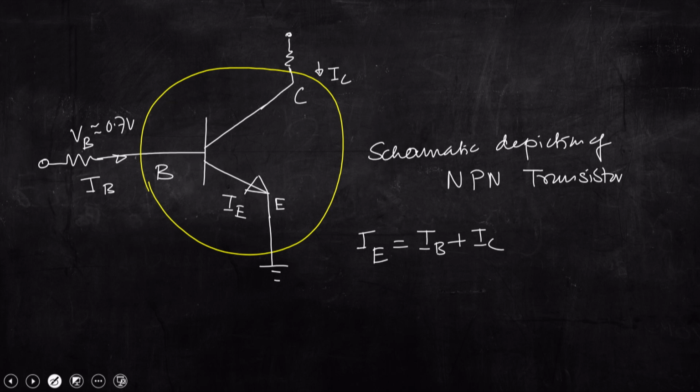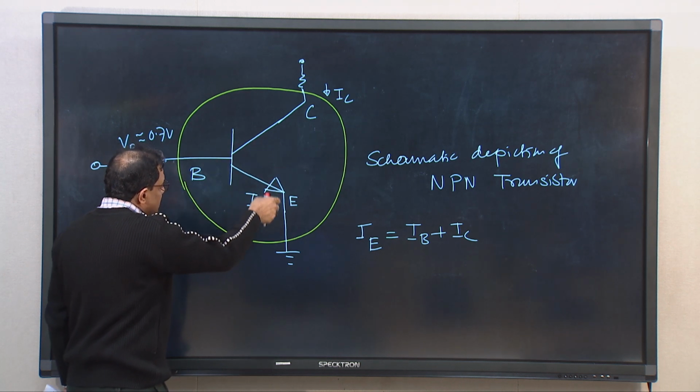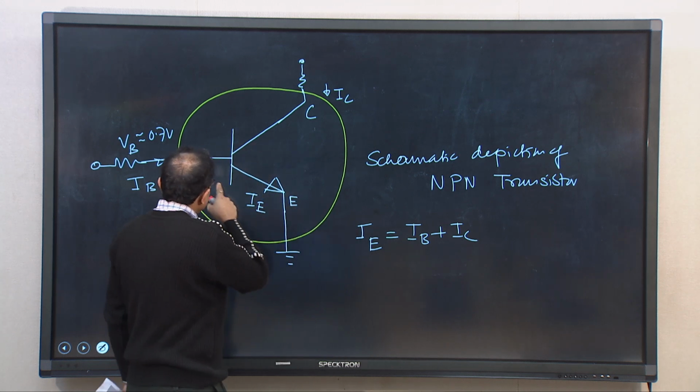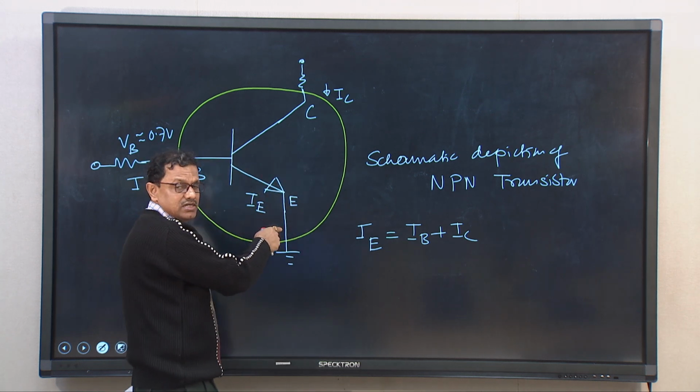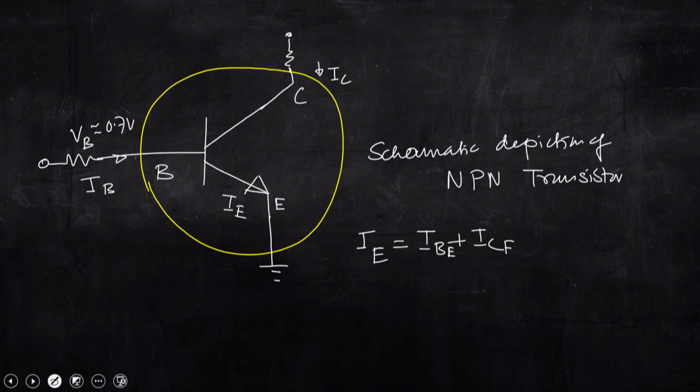This is the schematic depiction, but these two terminals are also connected, right. So, essentially a small IB plus IC is giving, that is, we will be getting current from base to emitter and collector to emitter. So, base to emitter is IBE, collector to emitter is IC, that is the total emitter current.